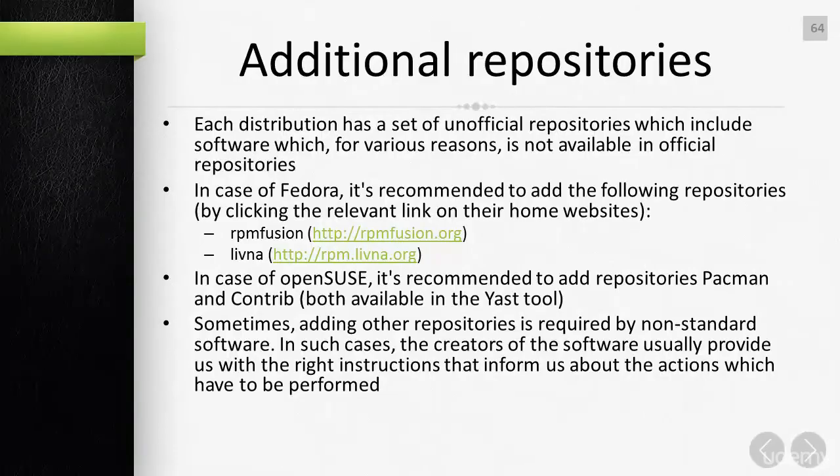On such a website, under the Download section, you can choose the specific version of the software dedicated for your system and distribution. More often than not, you'll also find there instructions for adding a corresponding repository.